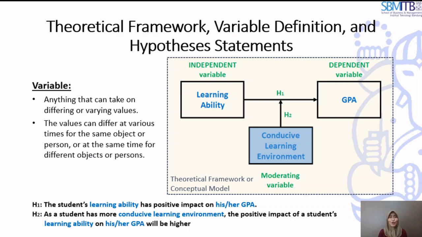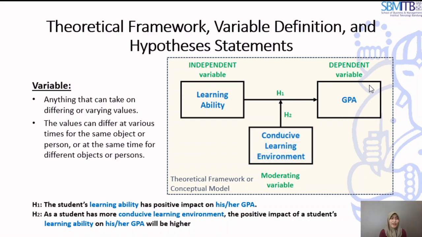It is also considered a variable since it can take on differing values, or in this case, differing situations. Now that you know what a variable means, you might be curious about the notes here. There are dependent, independent, and moderating variables. What are they? Don't worry, we'll get you there.